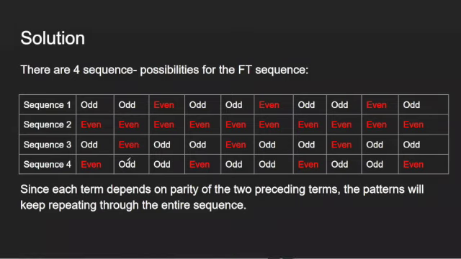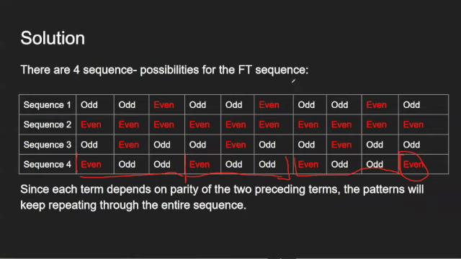It repeats 3 times, but then there's an even number left over this time. So that means there is one more even number than every other sequence, 3 and 1.